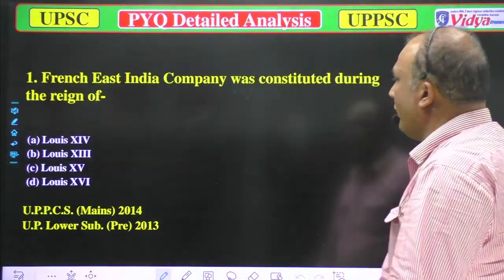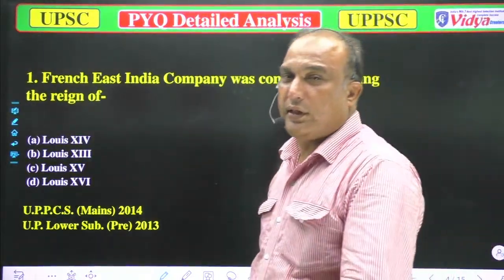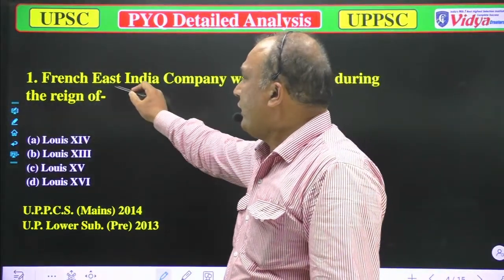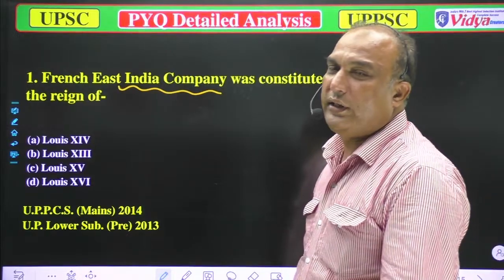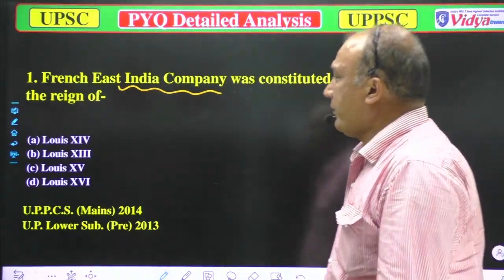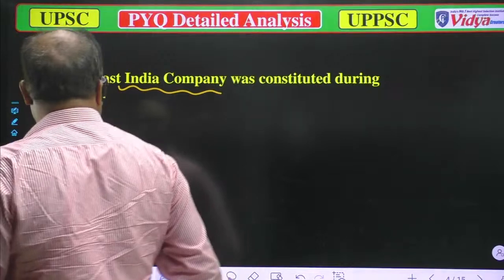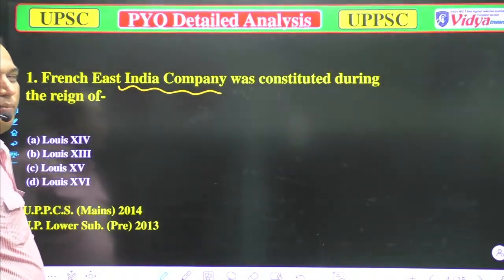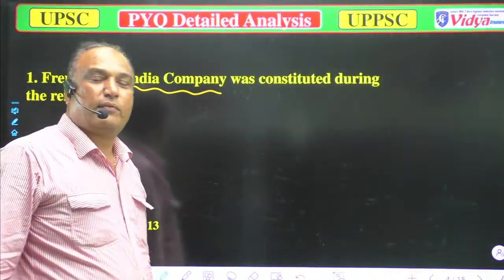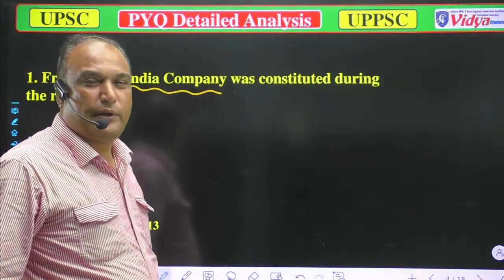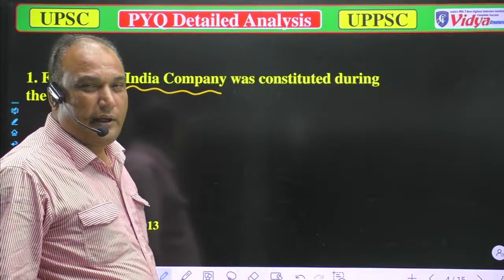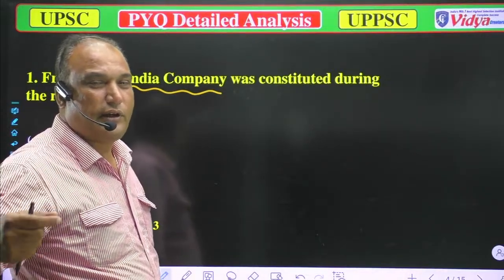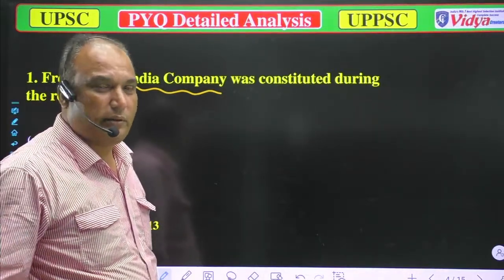Now we proceed to the third question. The French East India Company was constituted during the reign of. Okay, as you know, the French company was the last European company to come to India, in terms of the chronology of all European companies.